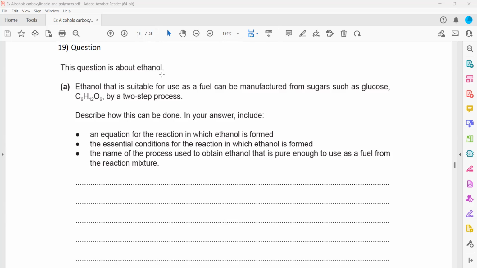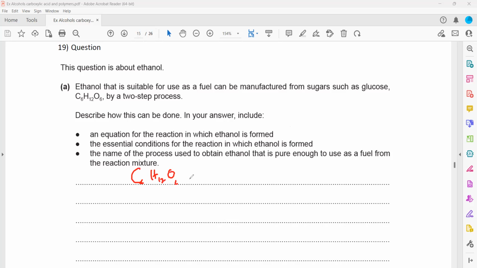First thing, what is the equation? If we want ethanol from glucose, then we will write anaerobic respiration. C6H12O6 will give 2 moles of C2H5OH, ethanol, and 2 moles of carbon dioxide. So 1 mark is for writing a correct equation for this.